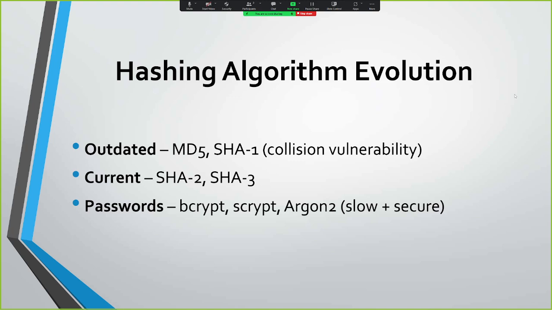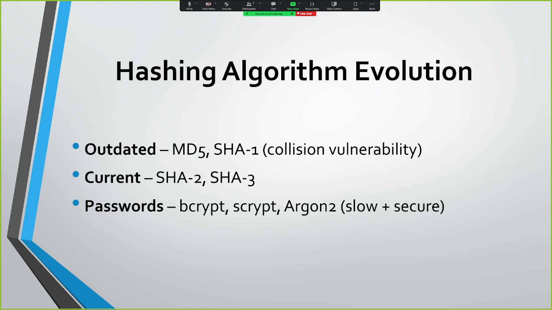And then hashing algorithm evolution. The outdated ones, as I stated earlier, are MD5 and SHA-1. Researchers have found collision vulnerabilities in these algorithms, meaning they found an input that produces the same hash, which then no longer makes the algorithm secure. There's no way to prove integrity that way.